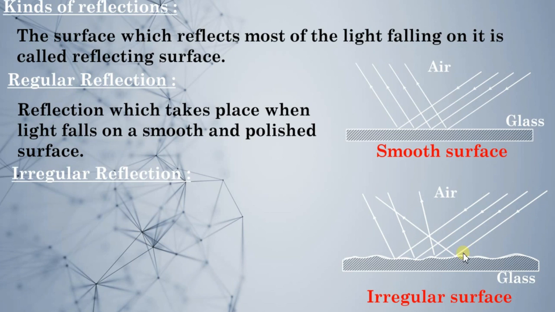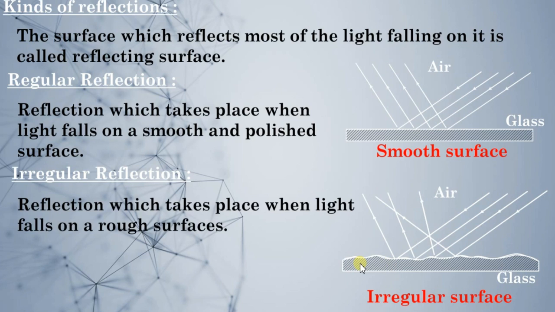If there is a curve or a dip, there shall be a change in the reflection of the light ray, and the reflected ray is going to move in a different direction. So the reflection which takes place when light falls on a rough surface is called irregular reflection.